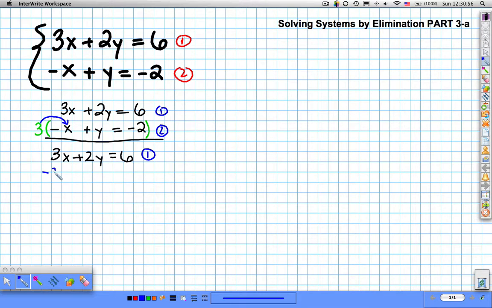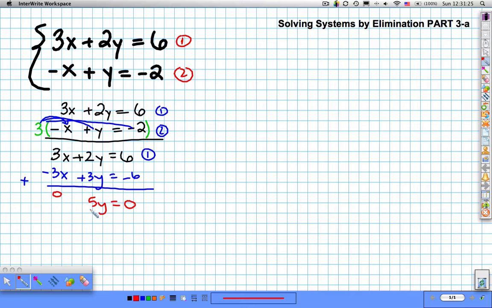This is going to be -3x, this is going to be +3y, and this is going to be -6. Now I can add them, and notice my x terms cancel like we thought. Now look at my y terms. It's 2y plus 3y, which gives me 5y, and my constants at the end canceled out too.